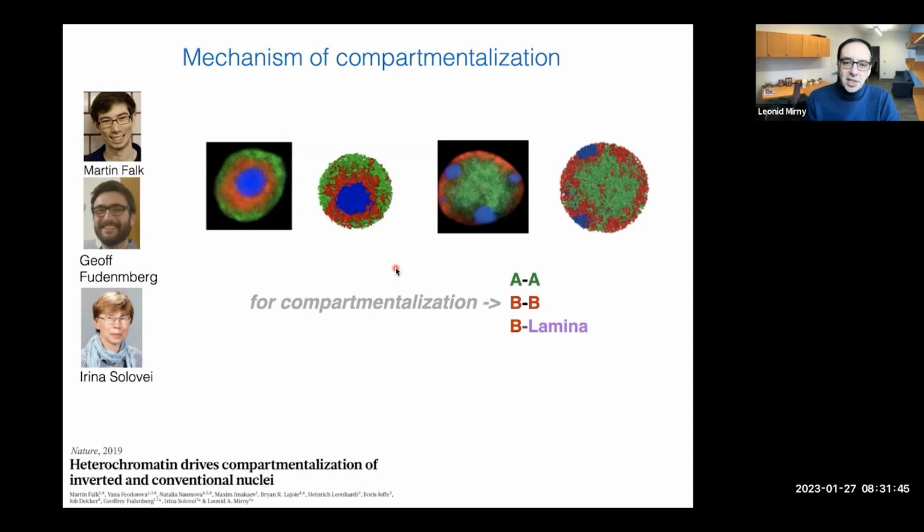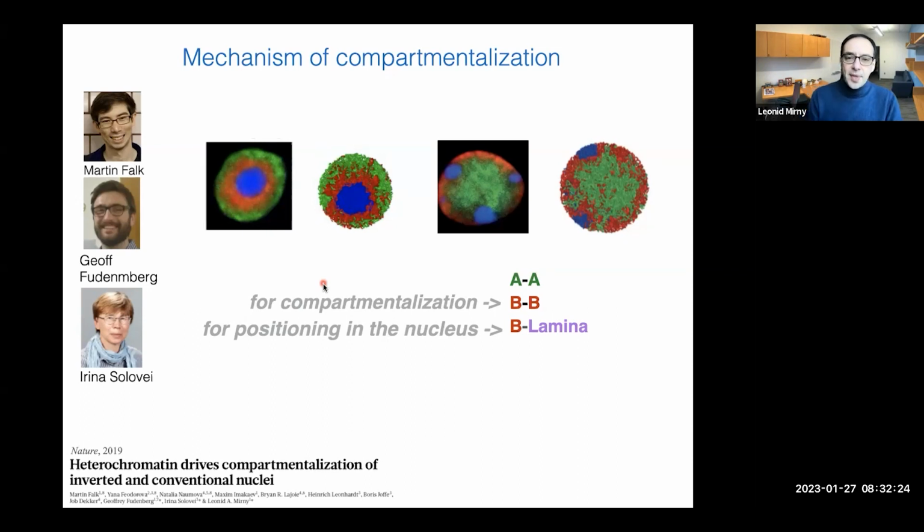What drives the spatial segregation are interactions between B compartments, but by itself, that would position heterochromatin in the center of the nucleus, not at the nuclear periphery, the way we know it in conventional nuclei. It's the interactions between the heterochromatin and the lamina that position heterochromatin at the nuclear periphery. So there is an interesting separation of function between the actual spatial segregation and positioning.